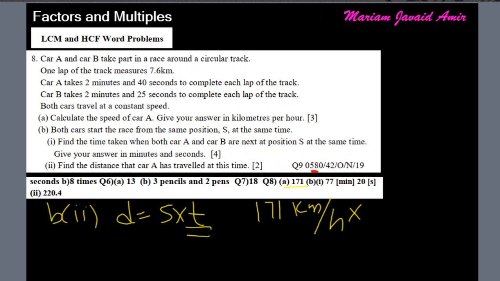So the time in part 1 came out to be 4640 seconds. 4640 has to be changed into hours, so divided by 3600. So 171 times this fraction gives us 220.4 kilometers.